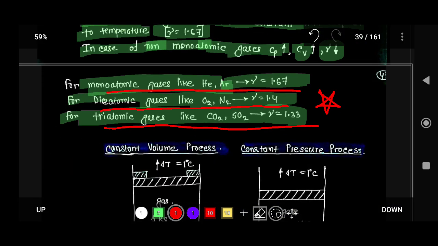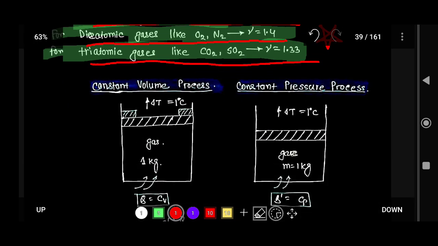Now let's try to understand, for gases, what is Cp, specific heat at constant pressure, and what is Cv, specific heat at constant volume. Consider a constant volume process. Here this is our system, where our study is focused.